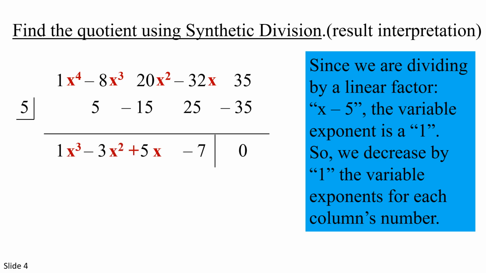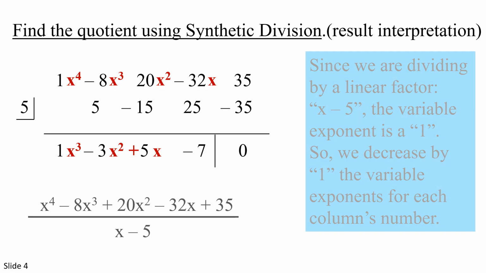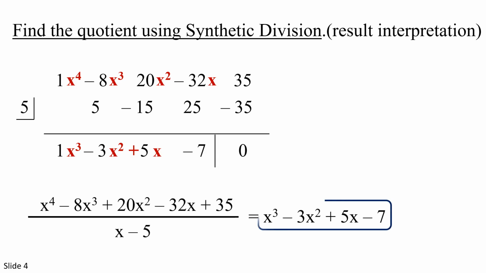So x to the fourth becomes x cubed, x cubed becomes x squared, becomes x, and x becomes no variable shown. So now we have 1x cubed minus 3x squared plus 5x minus 7, remainder 0. That means that when we divide it out, we get x cubed minus 3x squared plus 5x minus 7.